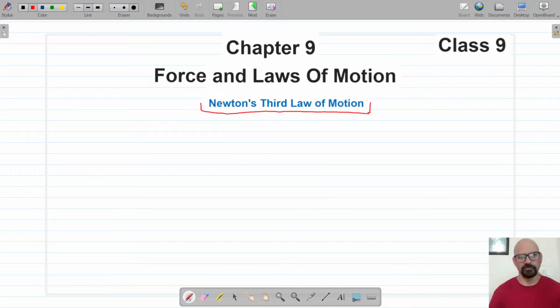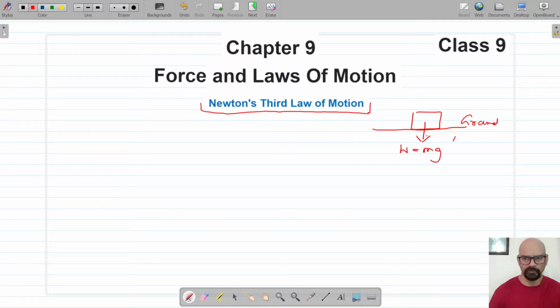Newton's third law of motion states that when one object exerts a force on the other object, let's say this is an object that is lying on a horizontal, that is the ground. So this is the ground and this is an object. This object is applying a force, which is its weight, on the ground.